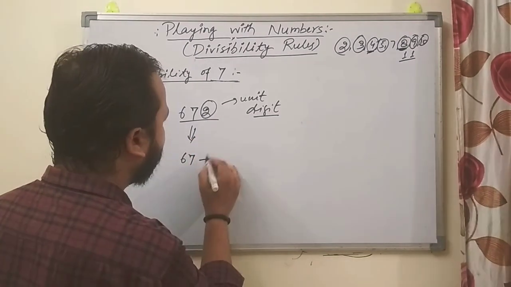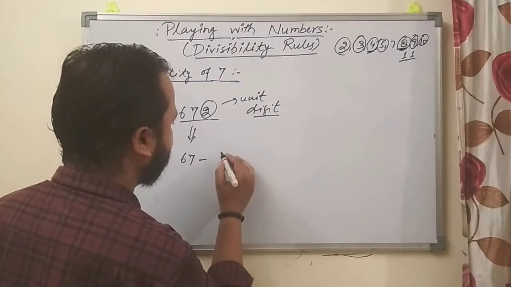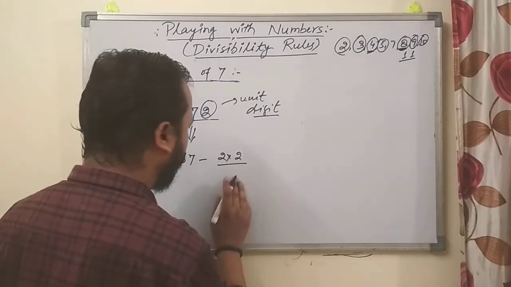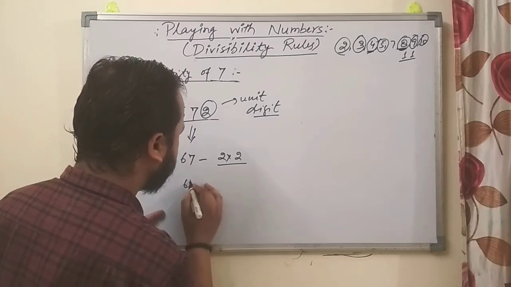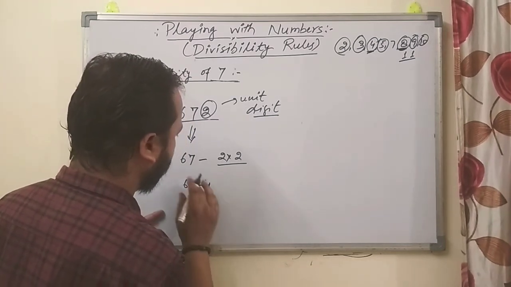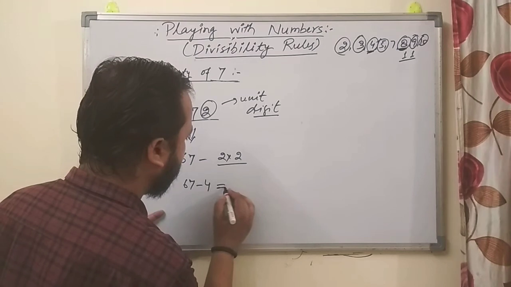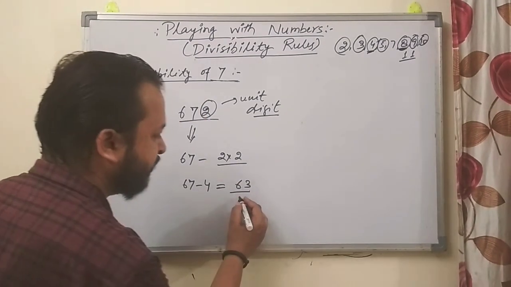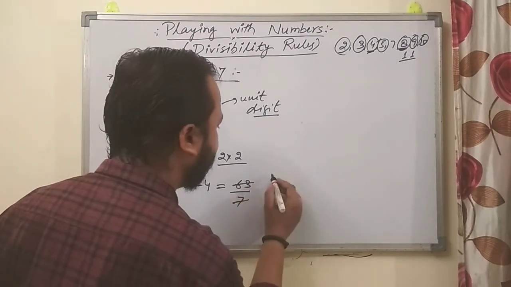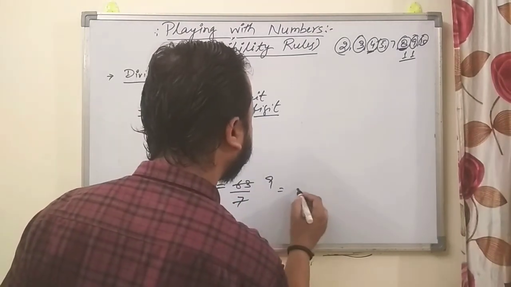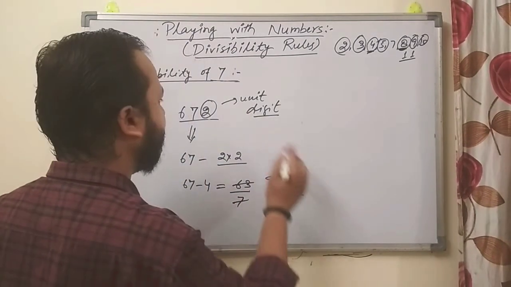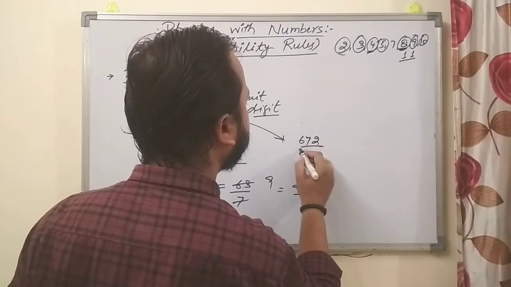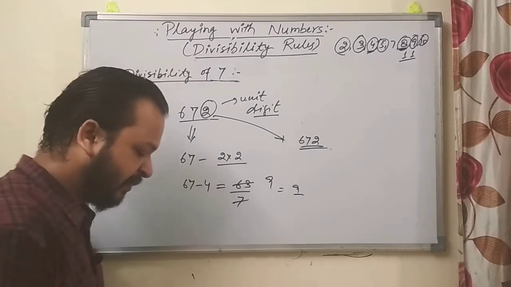We have to double this unit digit, so 2 into 2 is 4. So 67 minus 4 is 63, and 63 is divisible by 7. It means this number is divisible by 7, right?